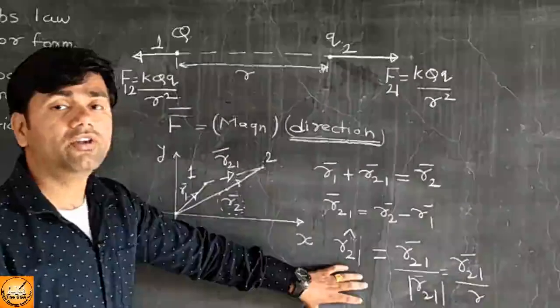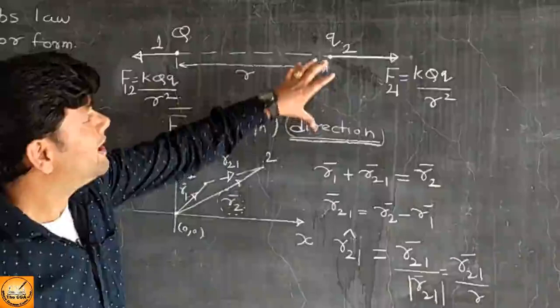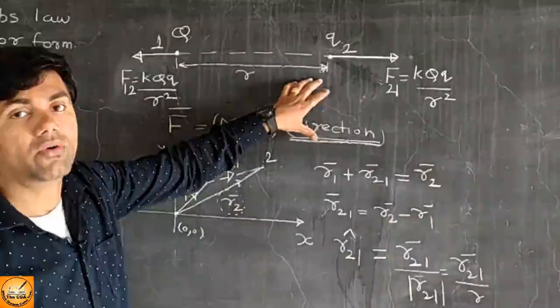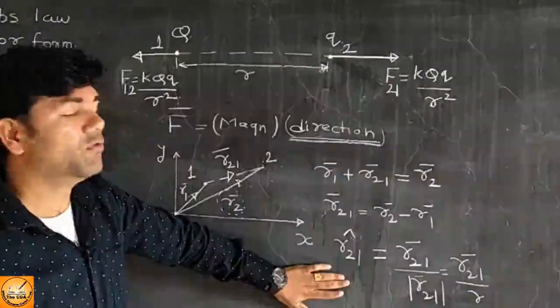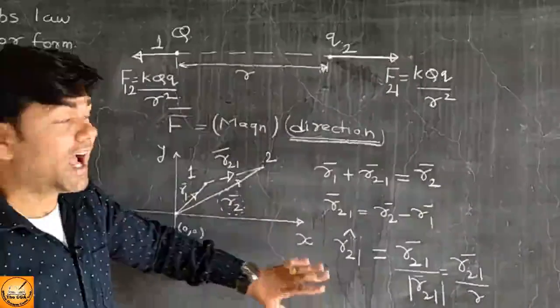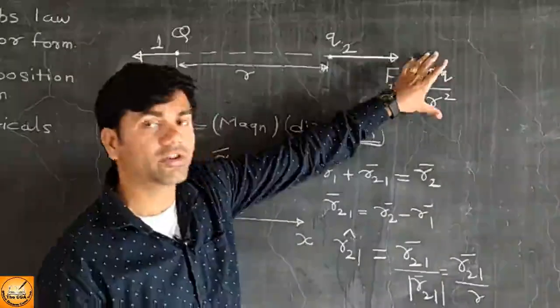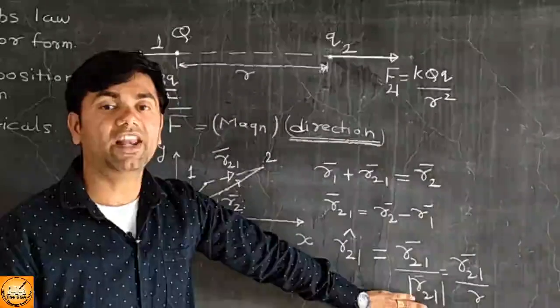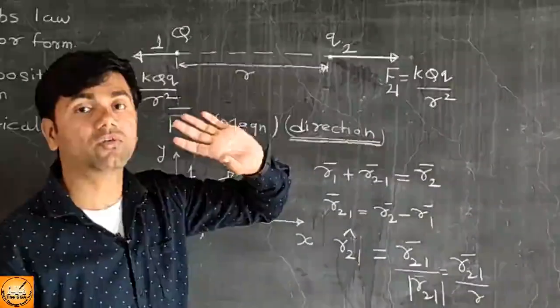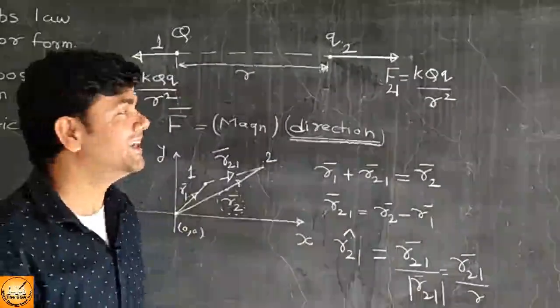So this thing we are going to take into account while representing the force now, right? If mathematically I want to represent the force, then I have to write its magnitude and I have to represent its direction. The magnitude we have written over here, so I have to just add the direction.